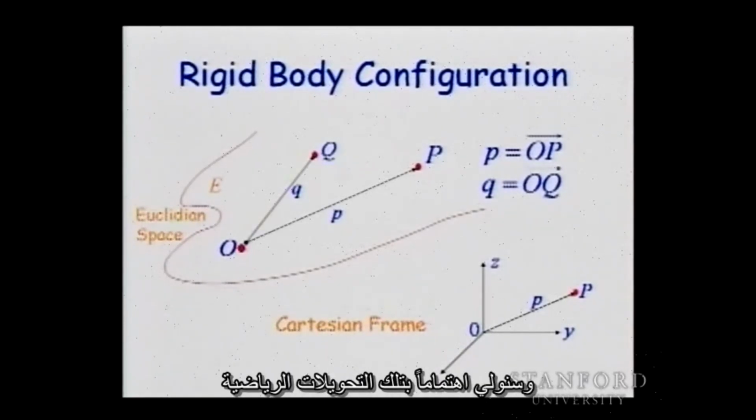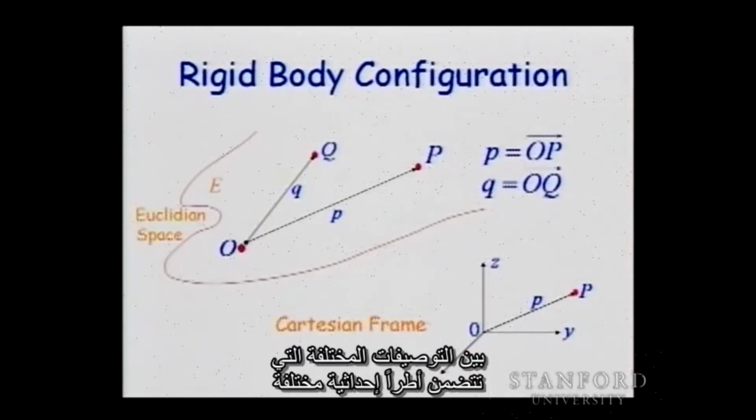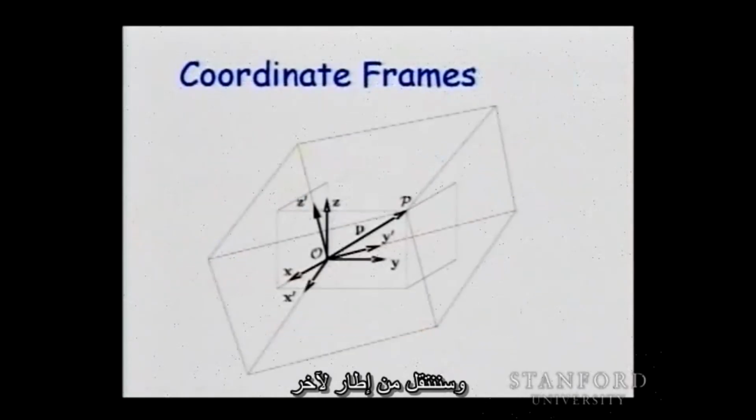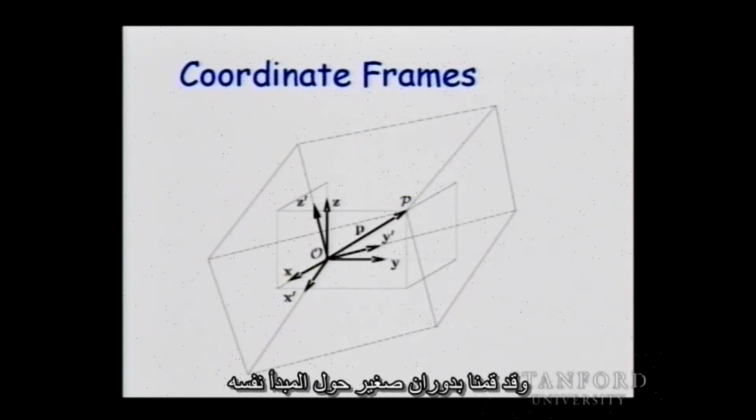And we're going to be interested in those transformations between different descriptions that involve different frames. We will work with orthonormal frames, x, y, and z, and we will go from one frame to another. So in this case, x, y, and z, and we did a small rotation about the same origin, and we ended up with a different frame.